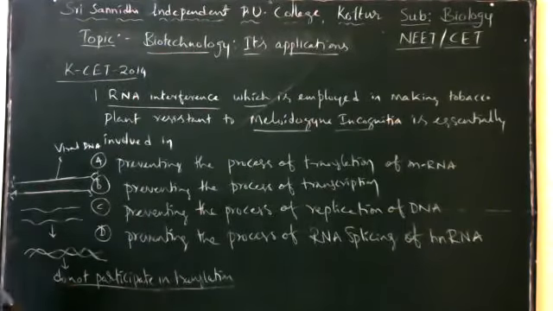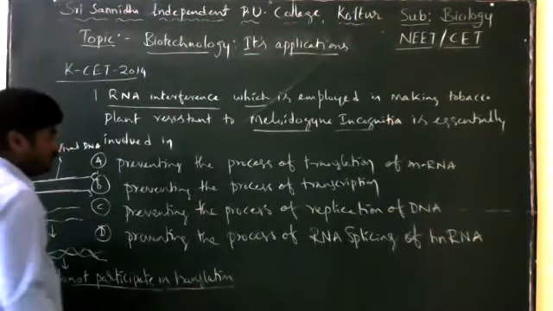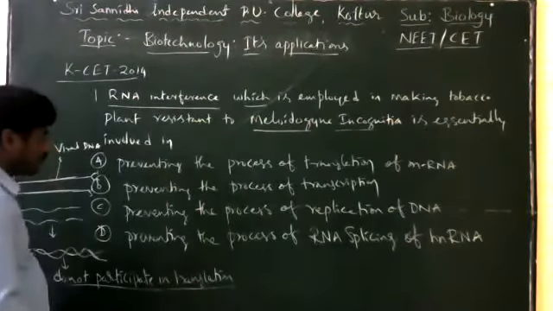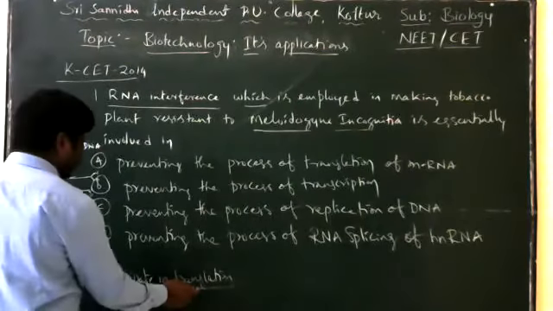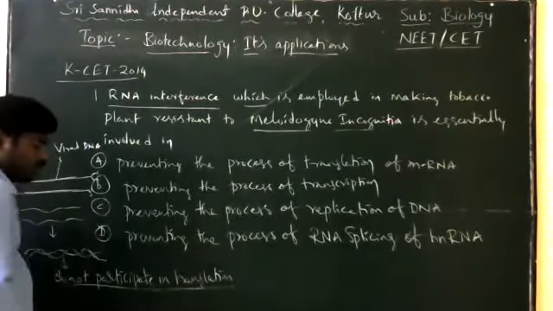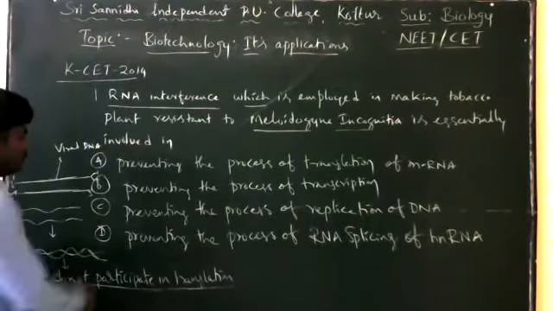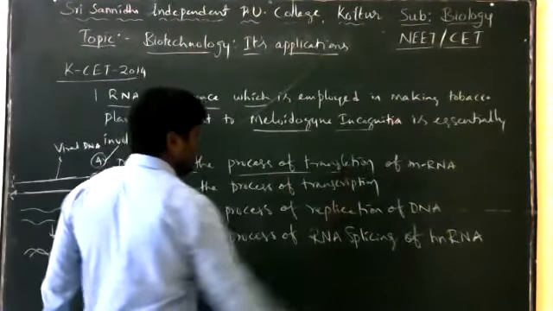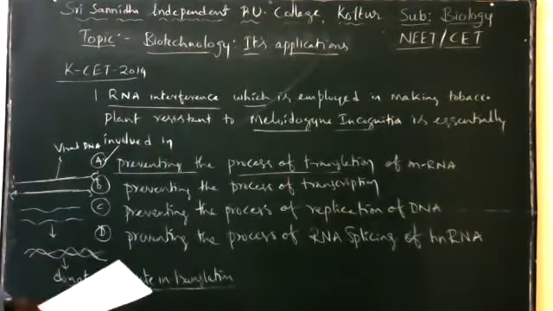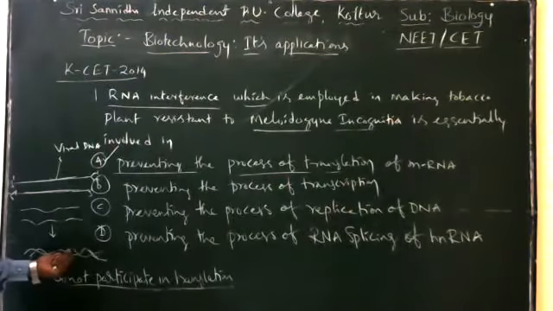This process is called RNA interference, or the RNA silencing mechanism: two mRNAs are formed, they first convert into double-stranded RNA, and this double-stranded RNA is not involved in translation. So what is the answer here? Translation is prevented by the formation of double-stranded RNA. So the answer is the first one: preventing the process of translation of mRNA by the RNA interference mechanism.